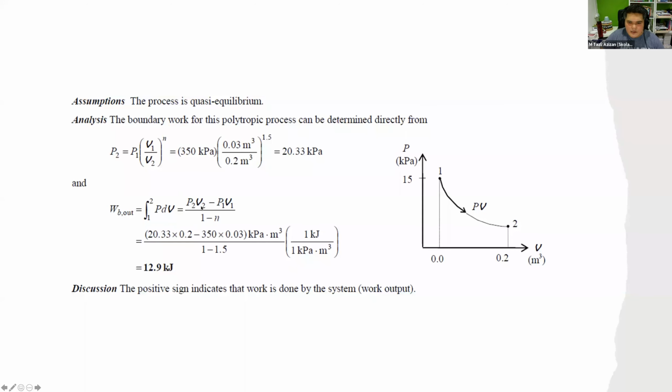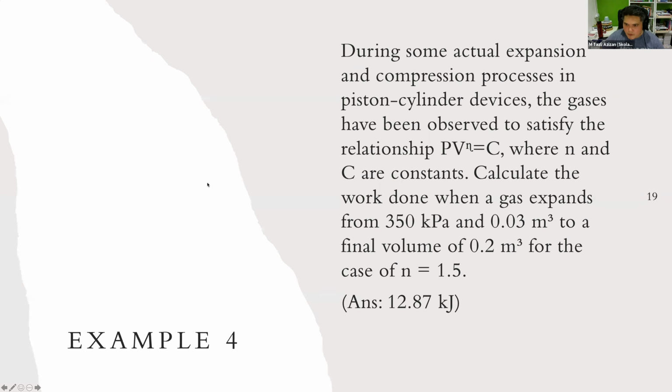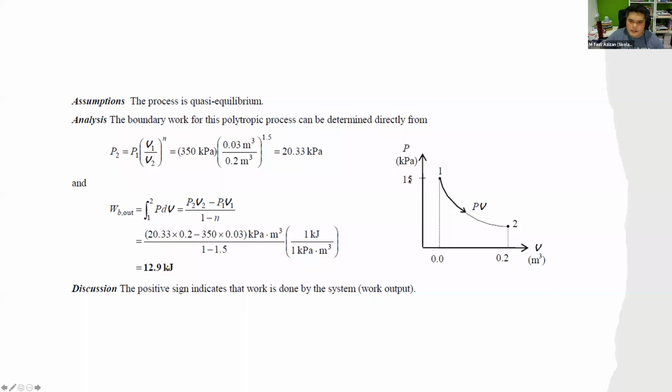And then there is an expansion, from 0.03 to 0.2, which is 8. So I should make a correction here. It's not supposed to be 15. It's supposed to be 350 kPa, and at state 2 the pressure should be 20.33, which is similar like this.